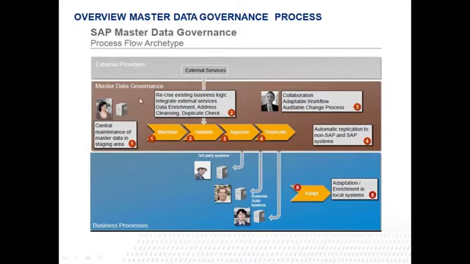Whatever processes we run in the master data governance system, or MDG system, are highlighted in brown, and the background and the blue color is the transactional system or downstream systems. In a typical master data management, first we create a change request and maintain the master data in that.